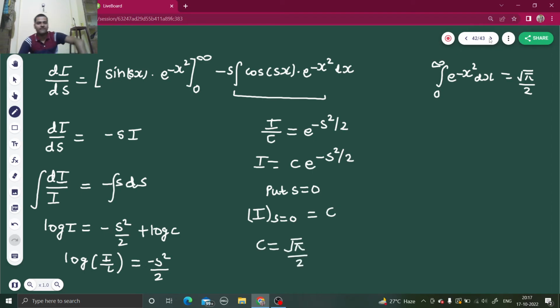So you got the value of your I, and which was what we required, because your Fourier cosine transform of e power minus x square was only I, and that I came out to be c, which is root pi by 2.